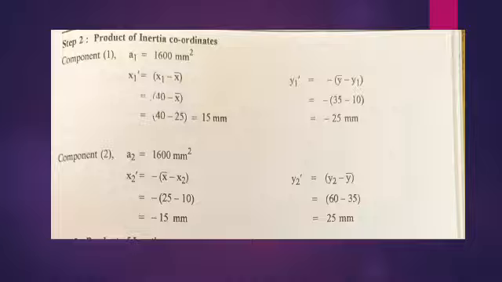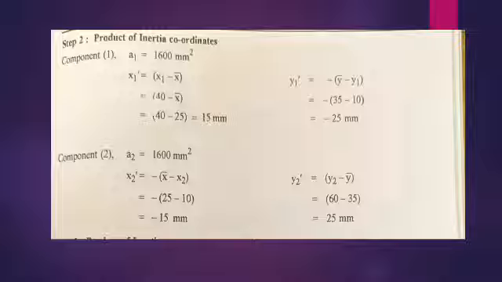x1 dash value is equal to plus x1 minus x bar. You have to write the formula as a difference. Therefore, you have to subtract the smaller from the greater, otherwise the formulas get changed. For y1 dash, the value is negative.